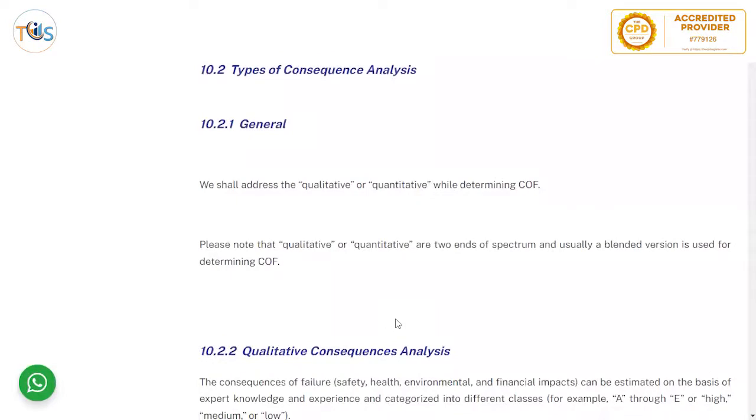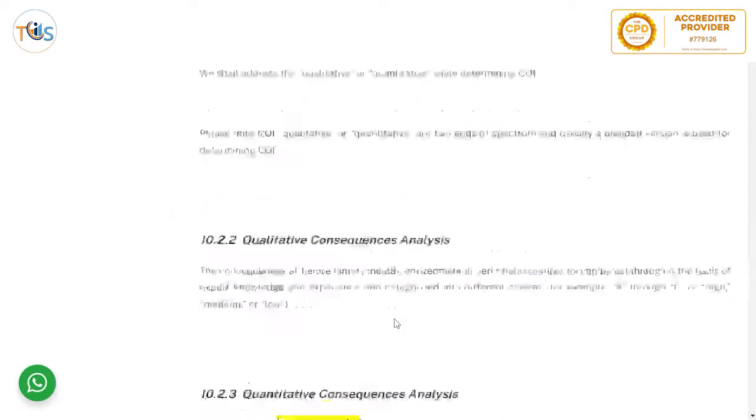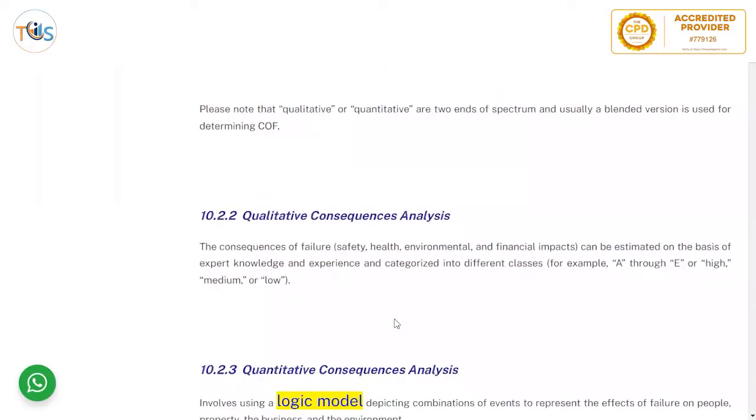Type of consequence analysis. We shall address the qualitative or quantitative approach while determining COF. Please note that qualitative and quantitative analyses are two ends of a spectrum, and usually a blended version is used for determining the COF, called semi-quantitative analysis.